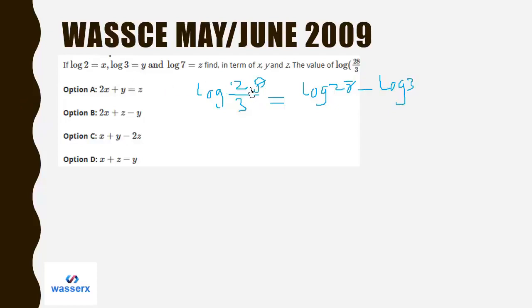But look at something: we don't have 28 over here, but we have 3 here. So we have to express 28 as a product of 4 and 7. That will be equal to log of 4 times 7, which will give us 28, minus log 3.